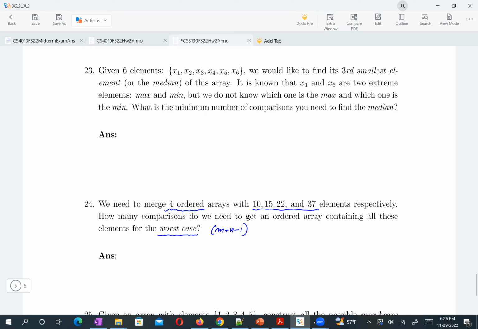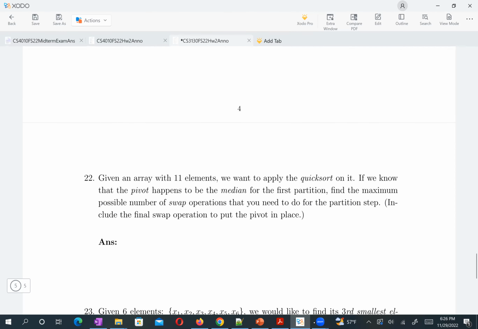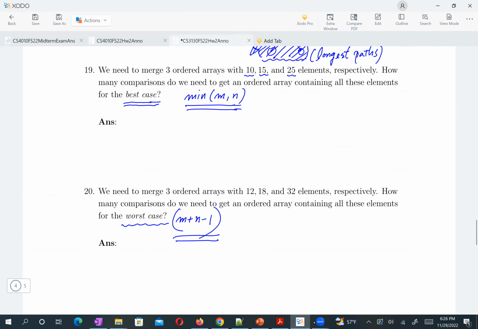But the question is, for the 3 ordered arrays in the previous 2 examples, the different cases were not too many. A small number of different cases, so relatively easy if you try.